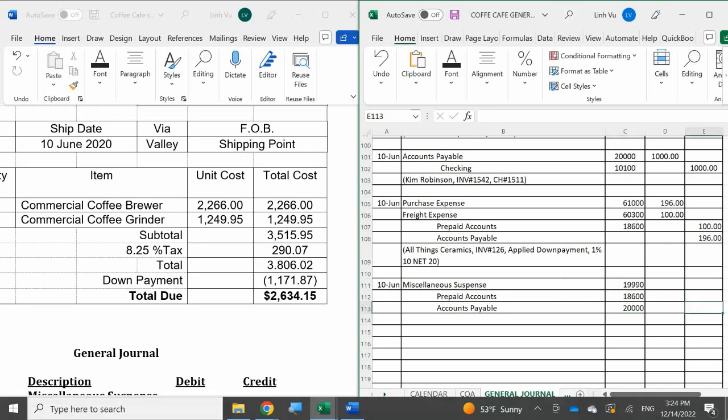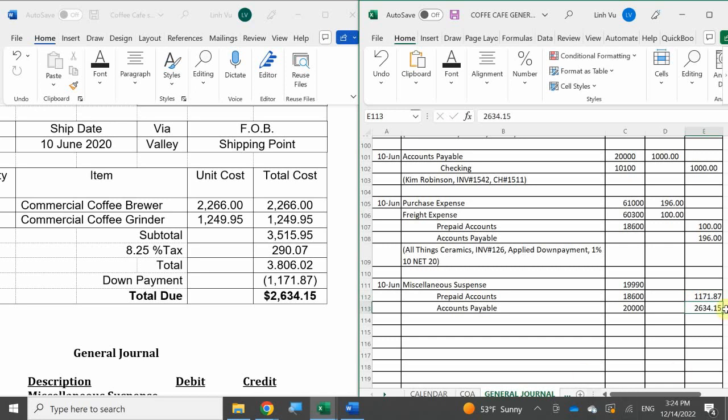Right now I owe $2,634.15, and I made a $1,171.87 down payment.